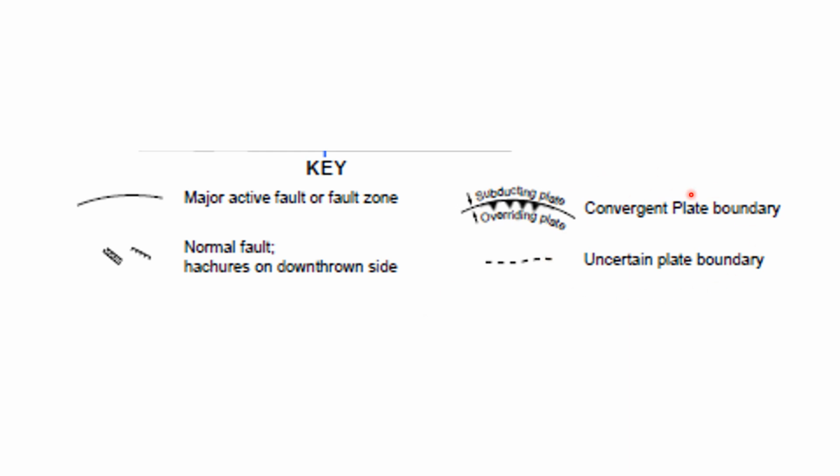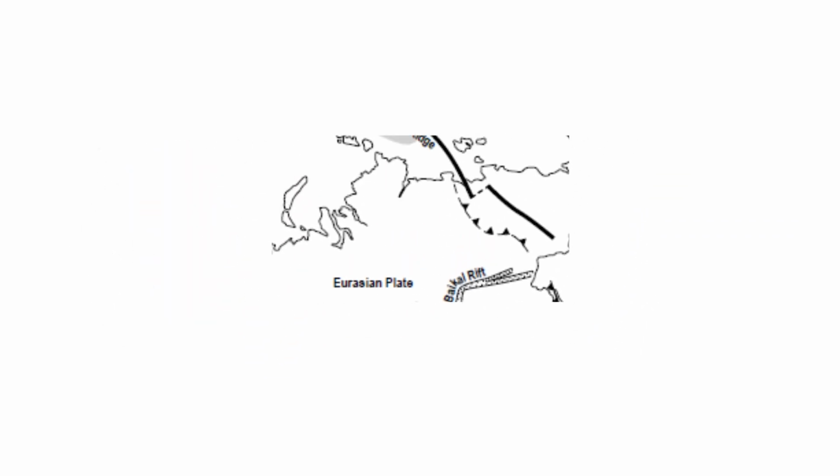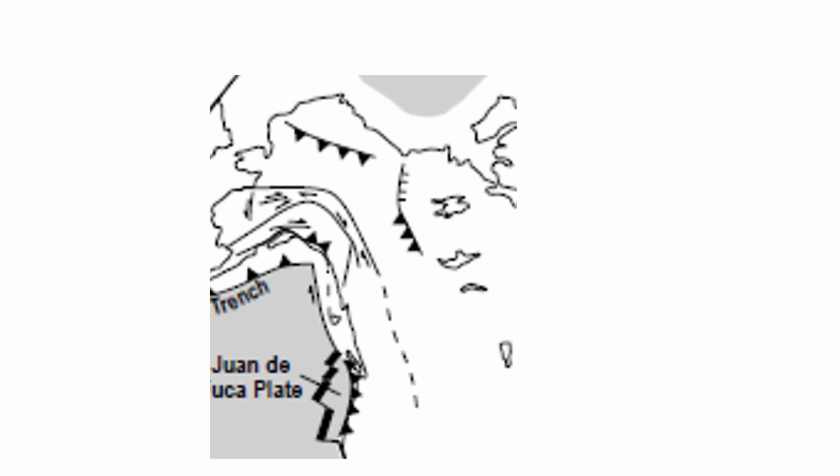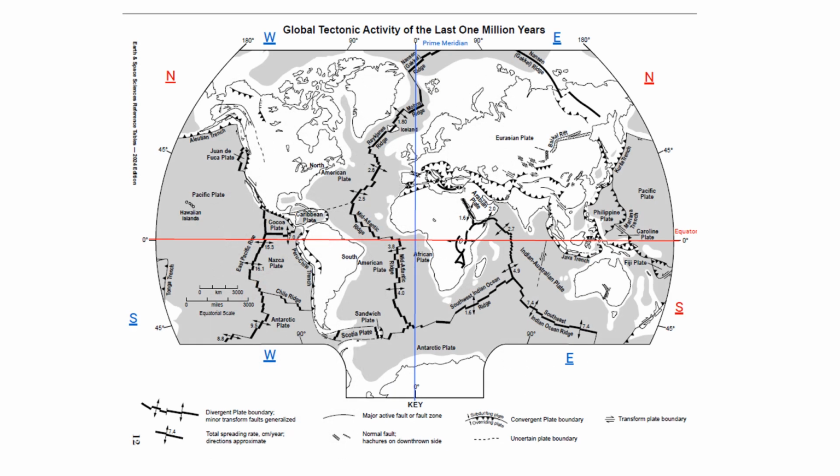We also have some uncertain plate boundaries, where scientists are not sure what kind of boundary is located there, and they're indicated by a dotted line on the map. Here are some examples: the Baikal Rift in Russia, and some uncertain plate boundaries in the United States, and so on.